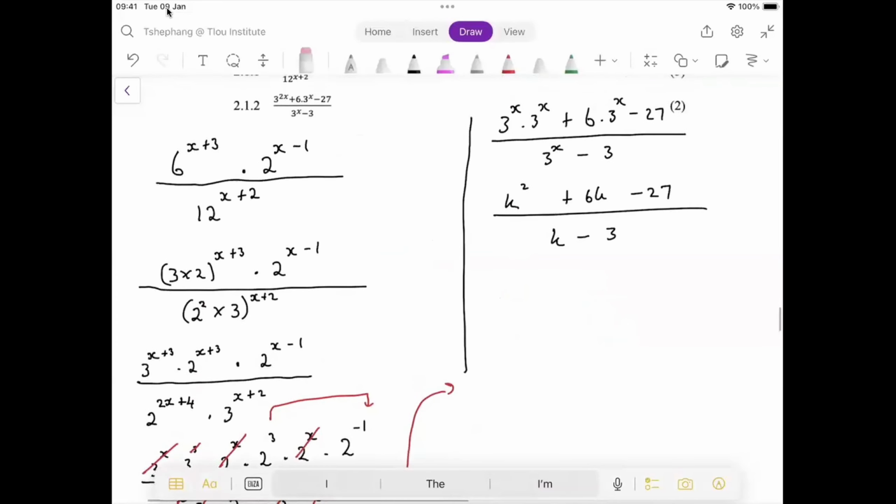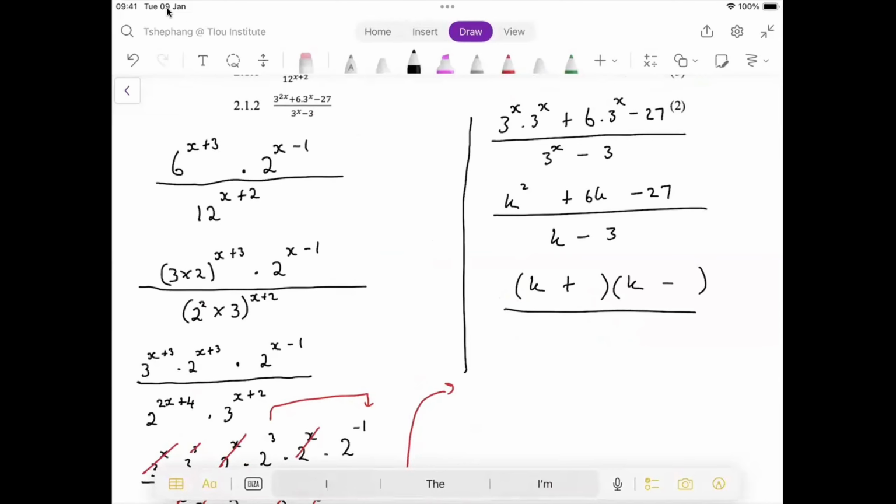Let's factorize the top. K, plus and minus, because we have plus and minus. Then we need 27. So 9 and 3 will give me 27, but will I get the 6 in between?